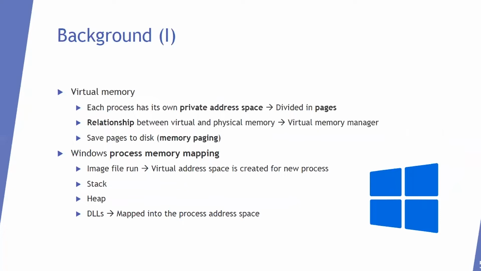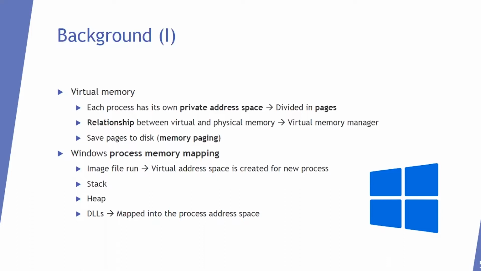Regarding the background, on Windows, each process has its own private address space, which is divided into blocks of the same size called pages. Operating systems that have support for virtual memory need to somehow maintain a relationship between the virtual and the physical memory. And on Windows, the virtual memory manager is responsible for that.